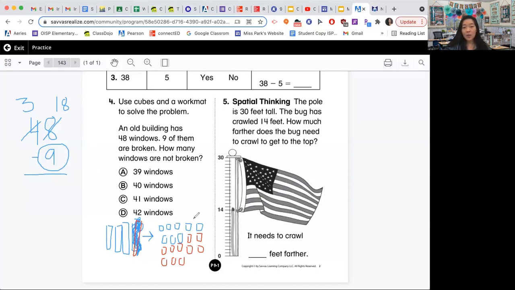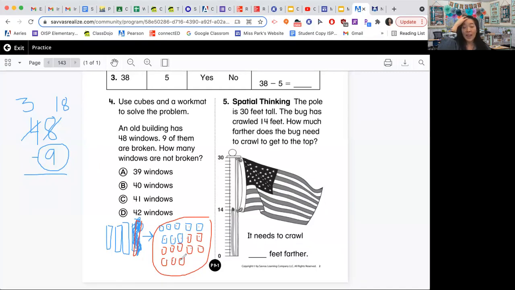Now, how many do we have now? Let's count them all together. 1, 2, 3, 4, 5, 6, 7, 8, 9, 10, 11, 12, 13, 14, 15, 16, 17, 18.